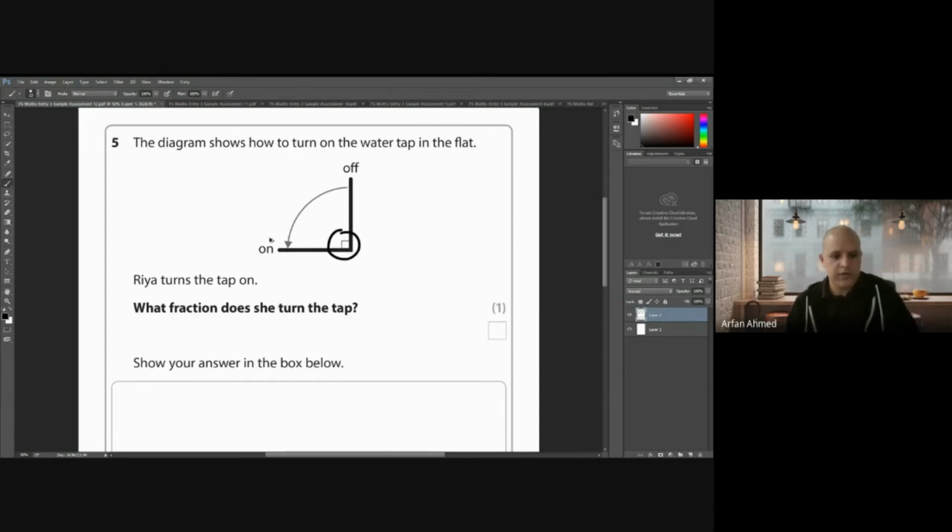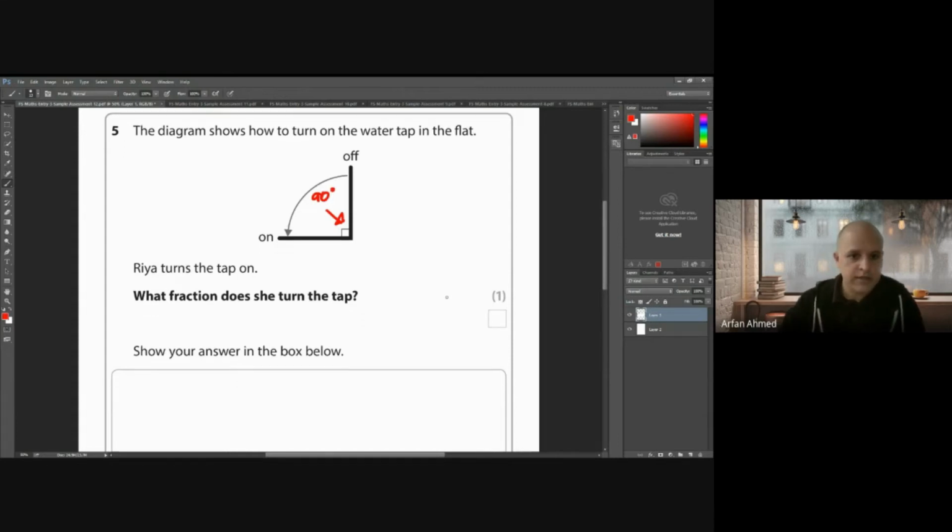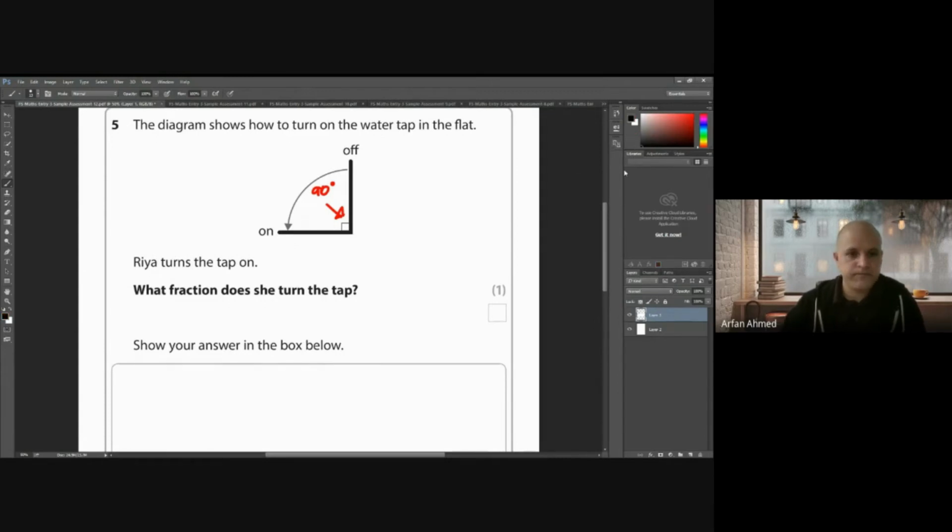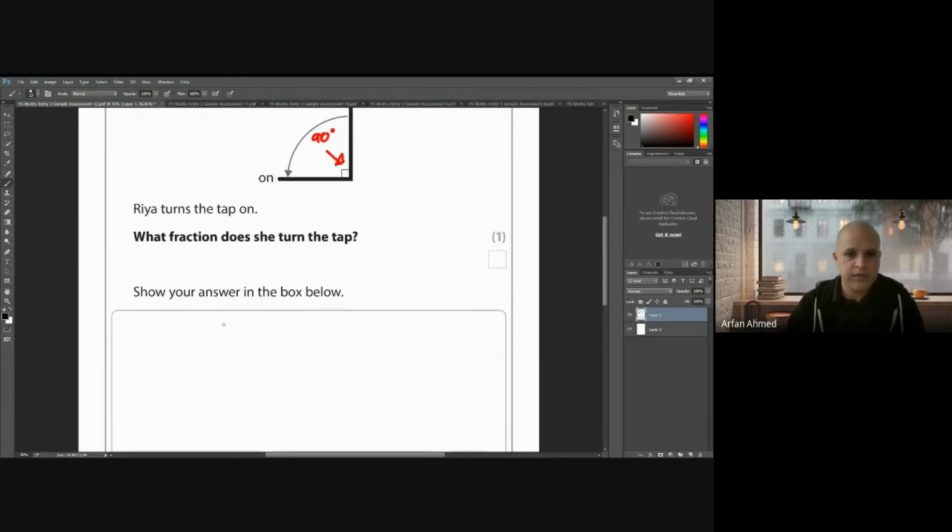In fact, let me do it in a different color. This definitely means 90 degrees. You need to know that. If it looks like an L shape and you've got that symbol in the corner, definitely 90 degrees. And she turns it 90 degrees. Fraction. Well, that's okay.